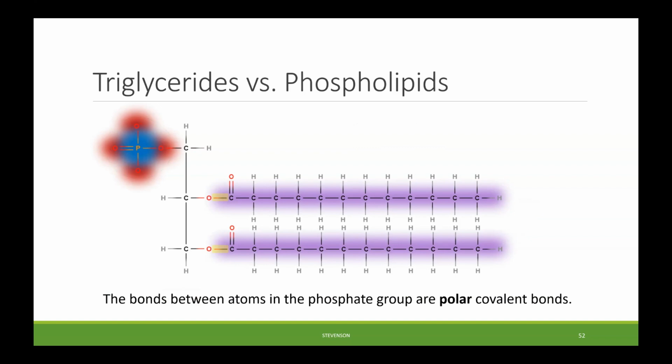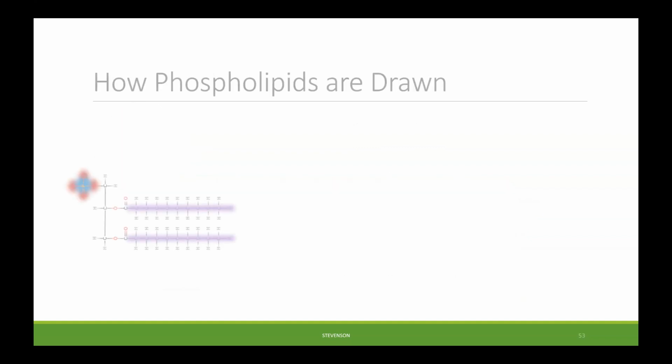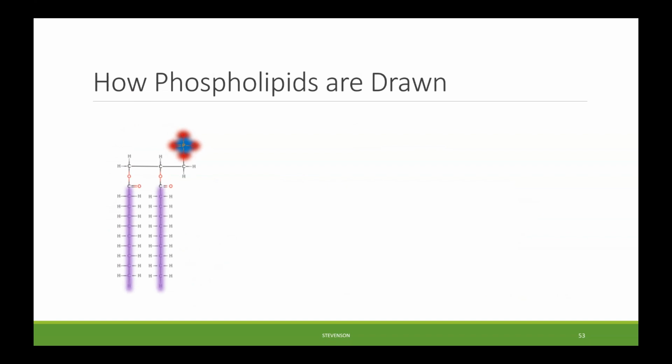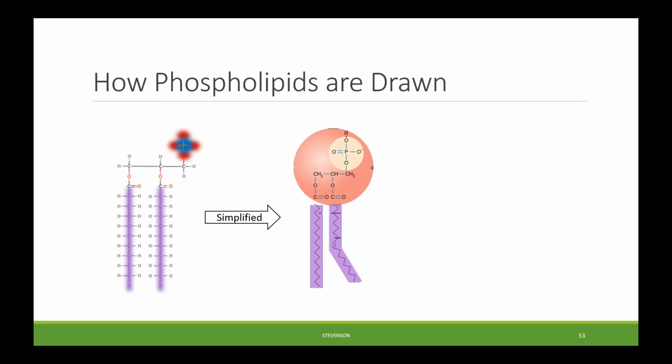And now just a quick tangent here. The way that these phospholipids are typically drawn when biologists are illustrating them in a simplified way is not with the full detail that you see here in this image where it shows the placement of every single one of the atoms. So instead, the illustration of the phospholipid gets significantly simplified down.